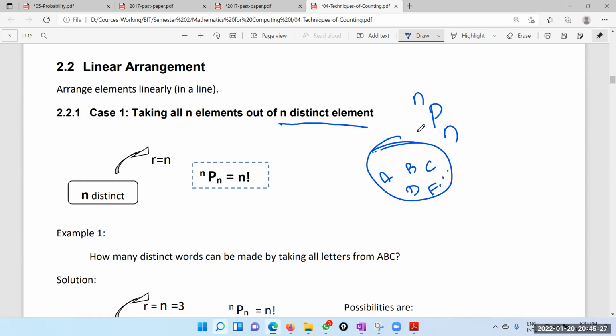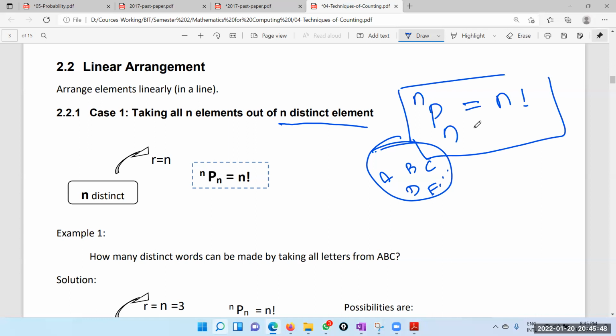Permutation means arrangements. Mathematicians have found that this is factorial n, by arranging and counting.